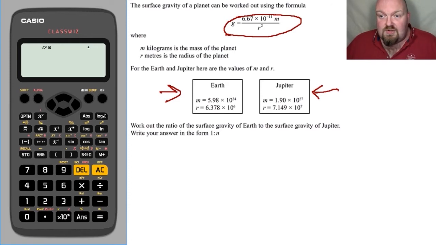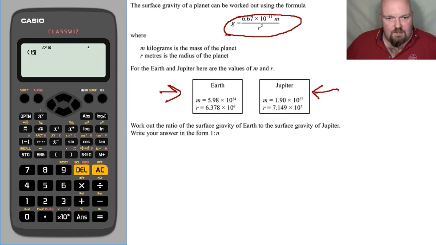So I'm going to start by working out the surface gravity of Earth. Okay, so I'm going to plug this into the formula. Remember what I said about brackets? I'm going to start by opening a set of brackets for the whole of the top, the whole of the numerator.